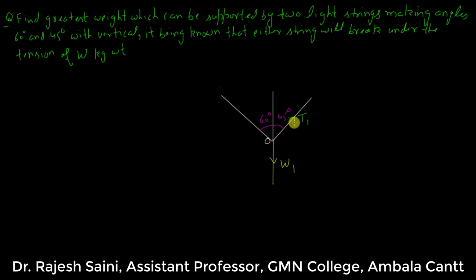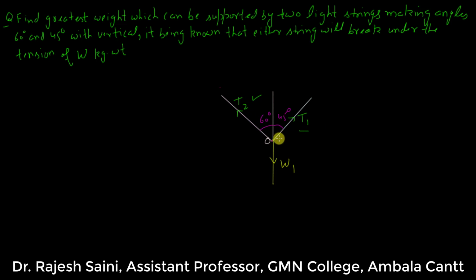Say this is T1 and this is T2. Tension is opposite to the applied force, and this weight W1 applies the force upon these strings in this direction, so the tension will be in the opposite direction. Since the strings are inclined at different angles, the tensions will be different. So this is taken as T1 and this is taken as T2.